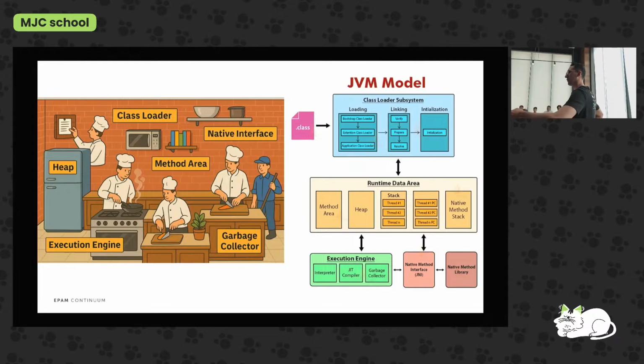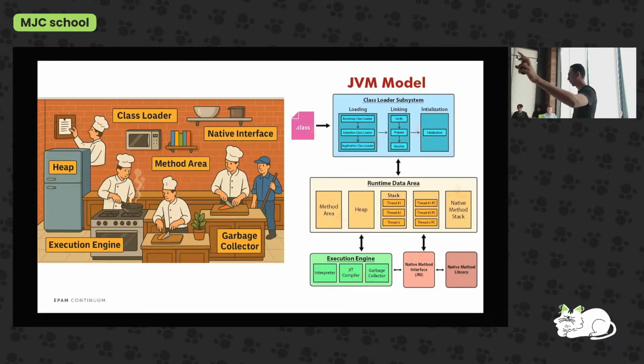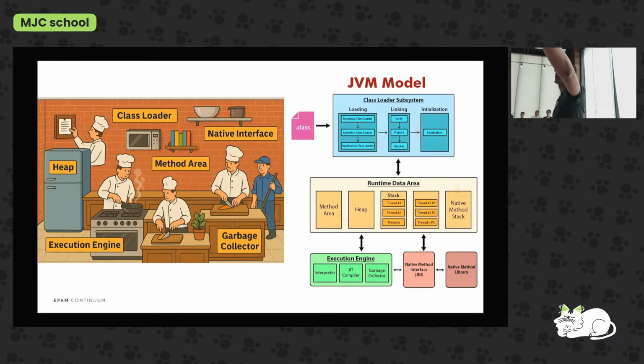And besides the fridge, we may refer to the common area where the meals are being prepared, like a pot or a stove, because they are being used by multiple processes, by multiple chefs who are cooking the meal. Okay, so this is the layout of our JVM.